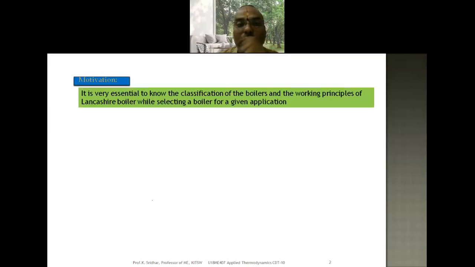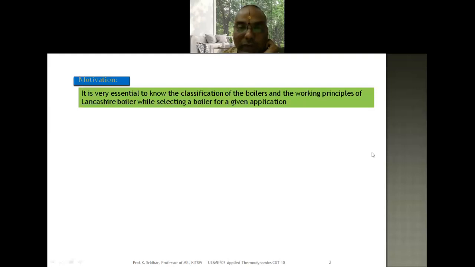Each and every class has a motivation, that is why we have to study this particular topic. It is very essential to know the classification of boilers and the working principle of the Lancashire boiler while selecting a boiler for a given application, because boilers are used very widely for various applications.